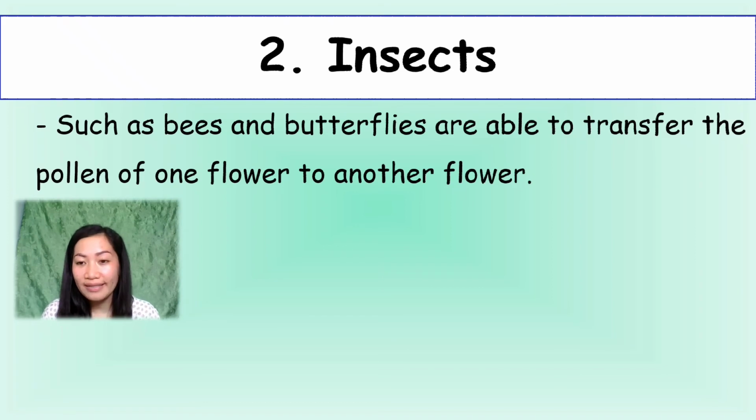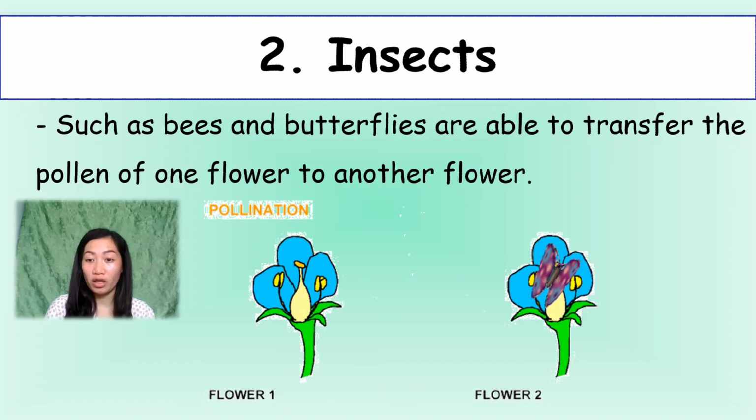So we have insects as a second factor. When we say insects, they are such as bees and butterflies. Why do they come to a flower? To get their food, nectar. So when these animals go to the flower to get nectar, they are able to transfer the pollen of one plant to another flower.